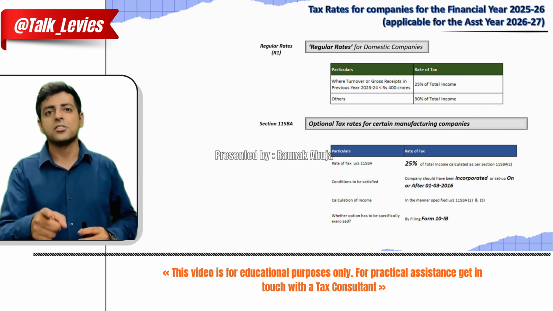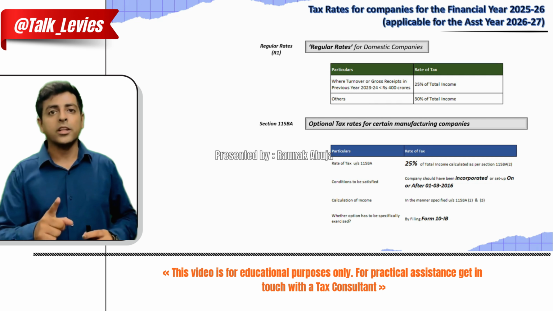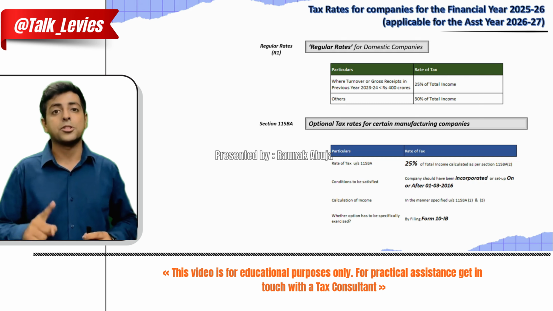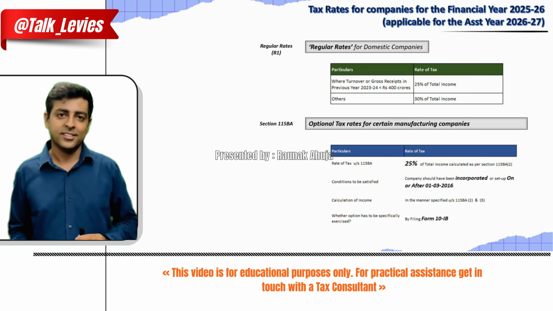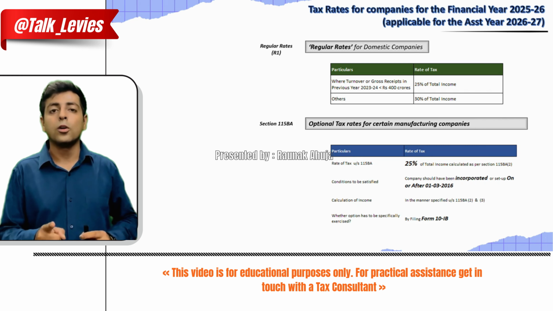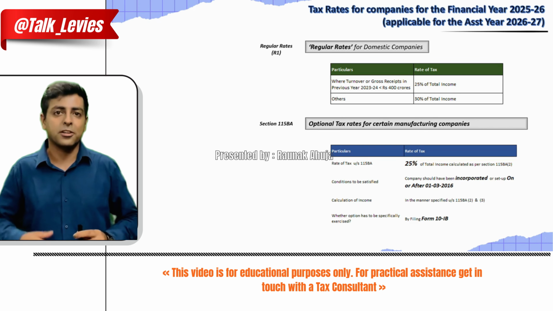Only then this concessional rate of tax would be applicable. Further, the total income should have been calculated in the manner specified under section 115BA, subsection 2 and subsection 3. Additionally, they will be required to file a form called Form 10IB in order to opt for this concessional rate of tax.